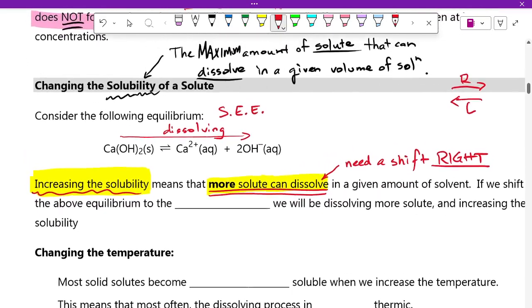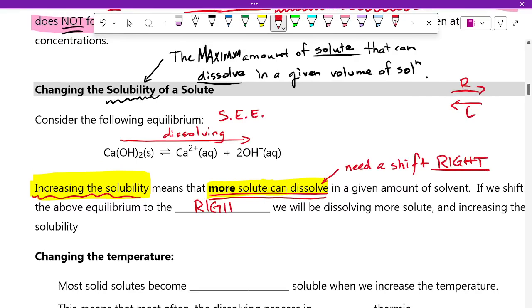So if we shift the above equilibrium to the right, we will be dissolving more solute. And if we dissolve more solute, what is happening to the solubility? If we dissolve more solute, do we have more than the maximum amount, or do we have less than the maximum amount, or do we just keep the amount the same?